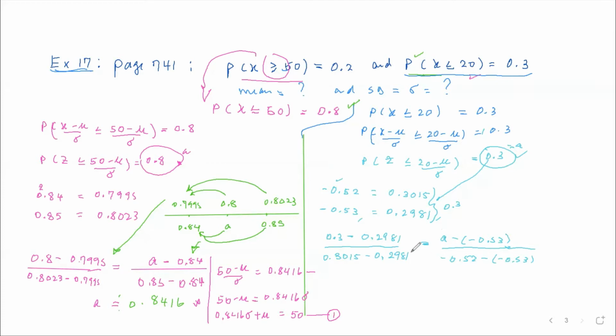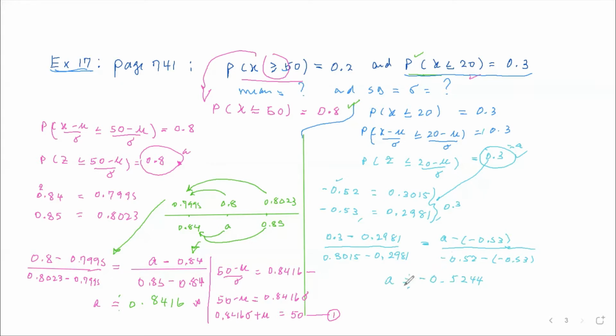Then you simplify, do cross multiplication to get the value of A. So A is going to be approximately negative 0.5244.